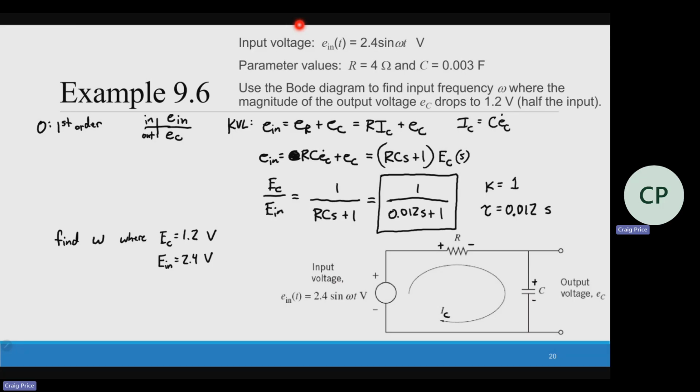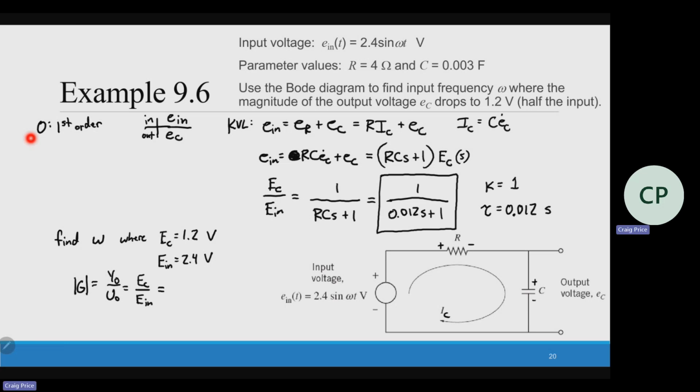We have our two amplitudes. So what amplitude ratio are we looking for? What magnitude are we looking for? We're trying to find a magnitude which is equal to output amplitude over input amplitude, or we can say EC over EN.